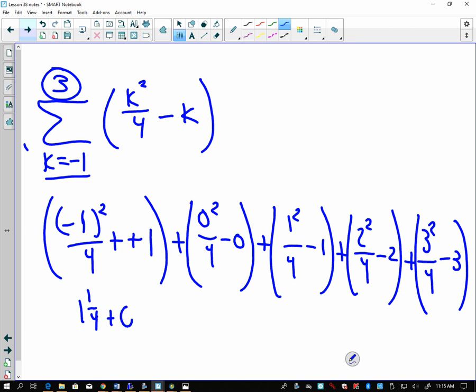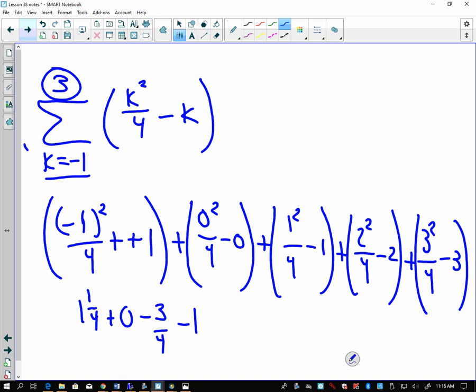There's nothing to add there, because 0 divided by anything is 0, and 0 minus 0 is 0. 1 squared, this is where I have 1/4 minus 1, which would be negative 3/4. 2 squared is 4. 4 divided by 4 is 1. 1 minus 2 is negative 1. 3 squared is 9. 9 divided by 4 is 9/4. 9/4 minus 3, I don't know. You guys can do the rest. I'm not going to try to do the rest in my head.